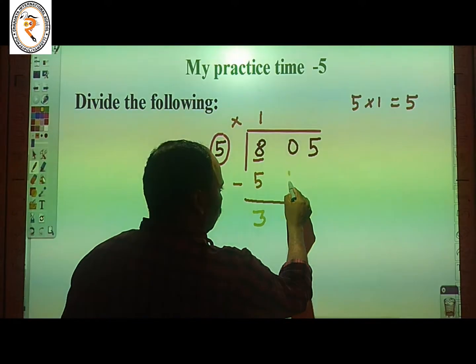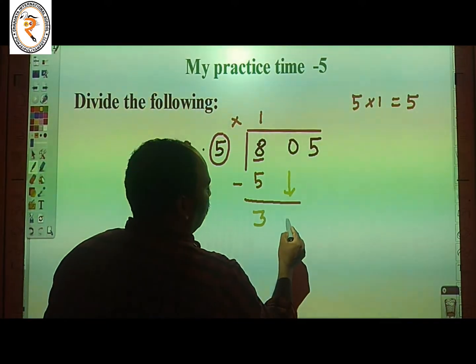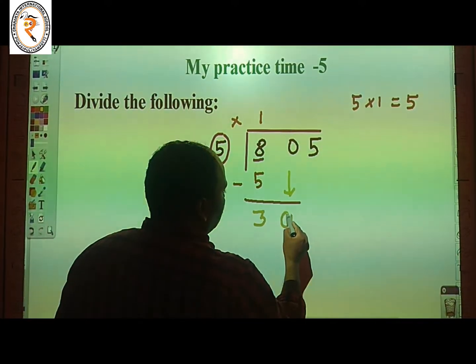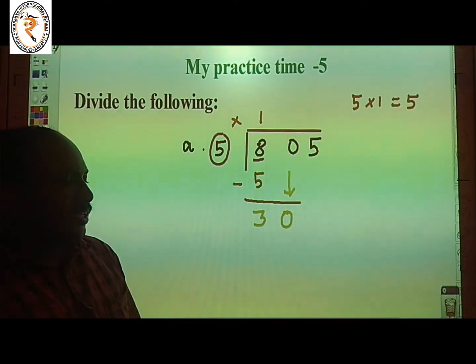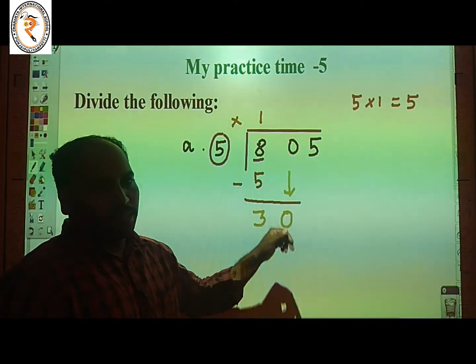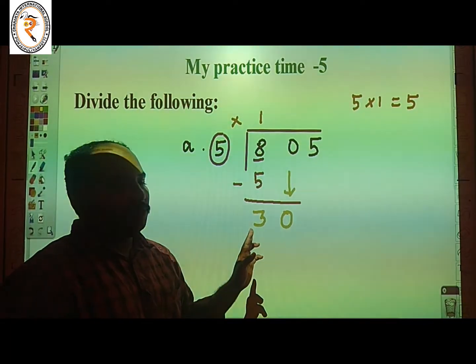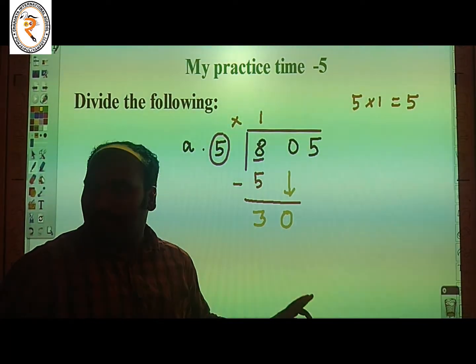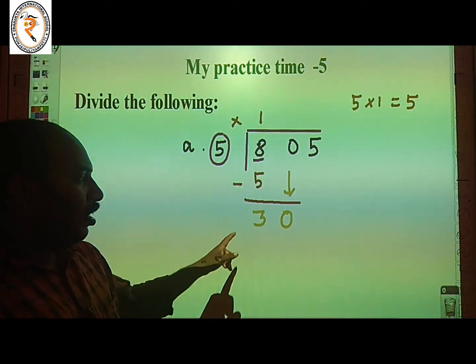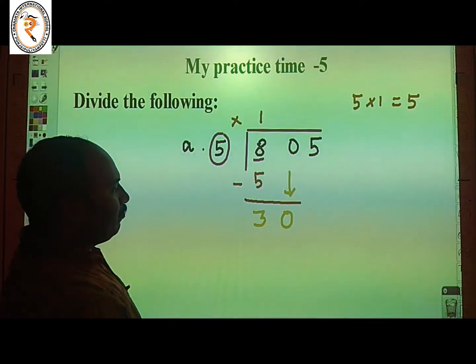So we go to the tens place. Here the tens place is 0. So bring down the number 0 next to 3. Now we get the new dividend 30.